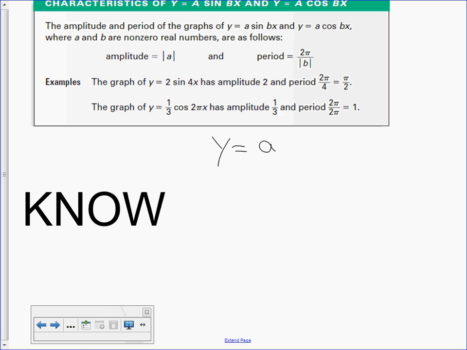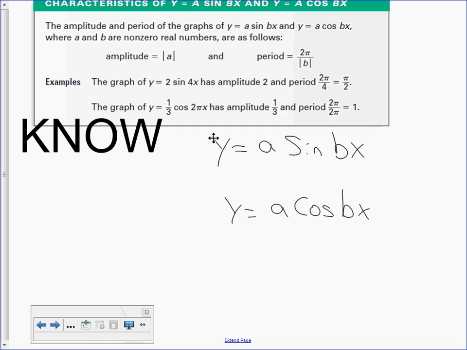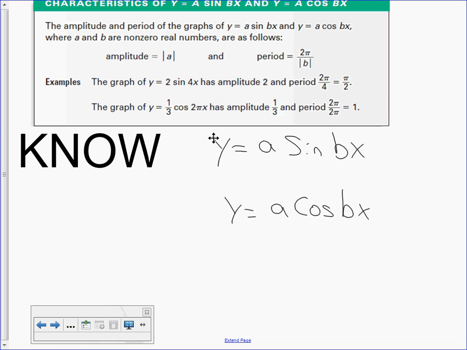y equals A sine Bx, and y equals A cosine Bx. I don't know if you notice I'm saying you probably should need to know this. So A and B, they don't necessarily have to be positive, but when you're talking about the amplitude and the period, those will become positive.